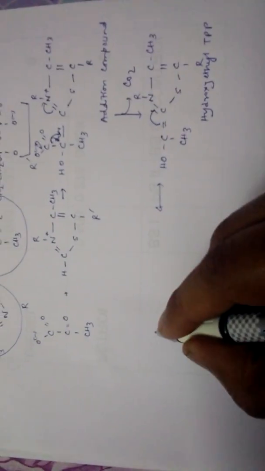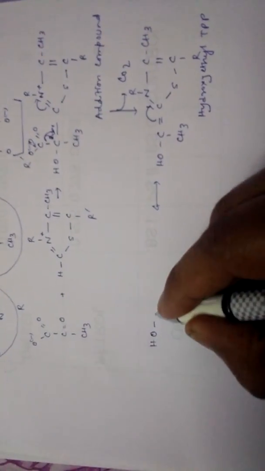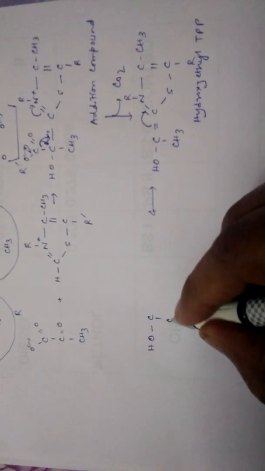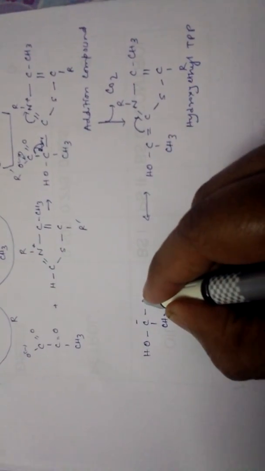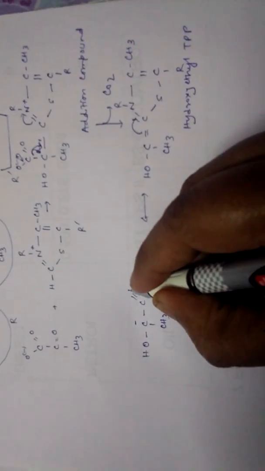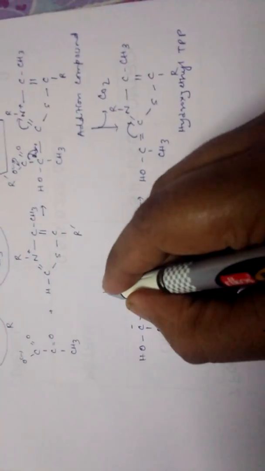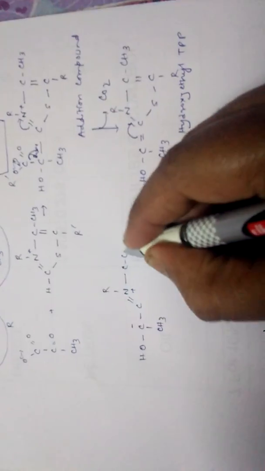We can rearrange this structure by shifting this bond to here. In this case, the product will look like CH3, there will be a negative charge, single bond C, and once again double bond N plus R, and the remaining portion.